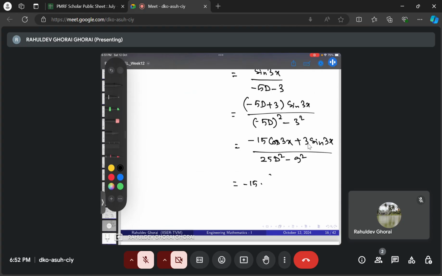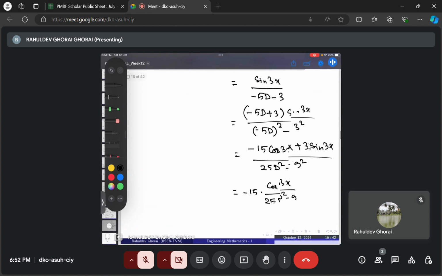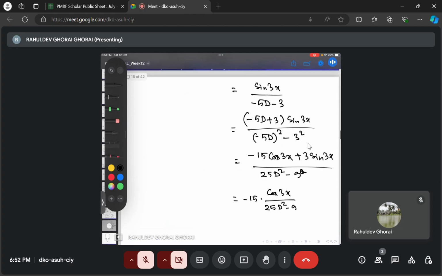So minus 15 times cos 3x over 25d square minus 9. Sorry, not 9 square, 25 square minus 3 square, it will be 9 only. Okay? 9, plus 3 times sine 3x over 25d square minus 9.